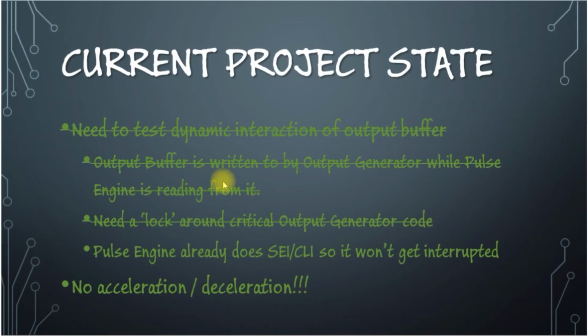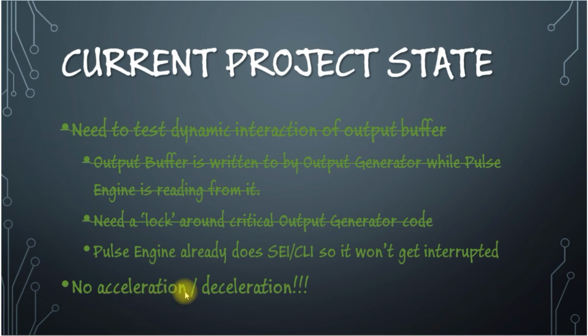I've marked out a few things here that I've done since I created this slide. I've already tested the output buffer, writing to it while the pulse generator is going, and that works fine. And we already saw that we don't need the set and clear interrupts around the NMI because it can't be interrupted.